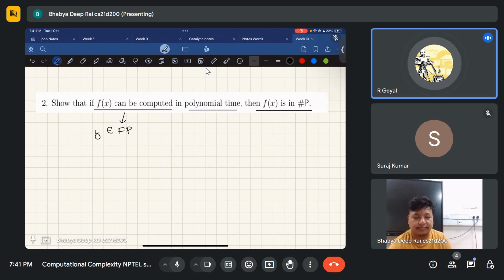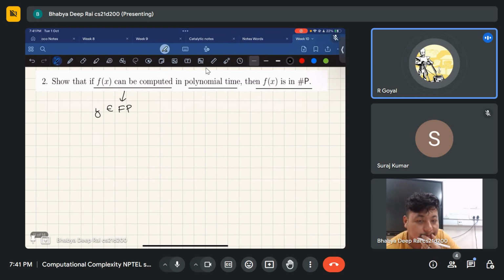So the meaning of sharp P would be that deterministically we can count the number of verifiable solutions, because the verifier works deterministically even in the case of NP. Once you give me the solution, I can verify it in polynomial time.